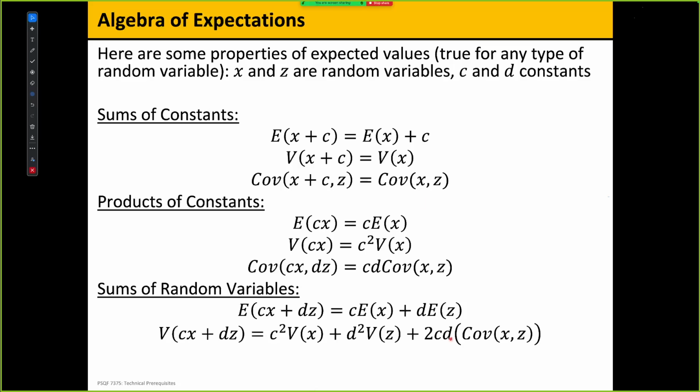In that case, x minus z has c as 1 and d as negative 1. So what you end up getting is the variance of x plus the variance of z plus 2 times negative 1 times the covariance. Or another way we put it: variance of x plus variance of z minus 2 times the covariance. So if you know that well-known formula for the variance of the difference between two variables, this is where it comes from.